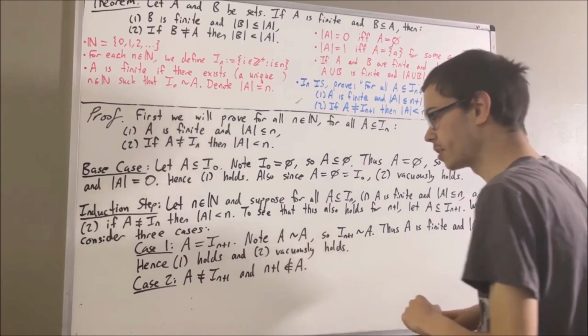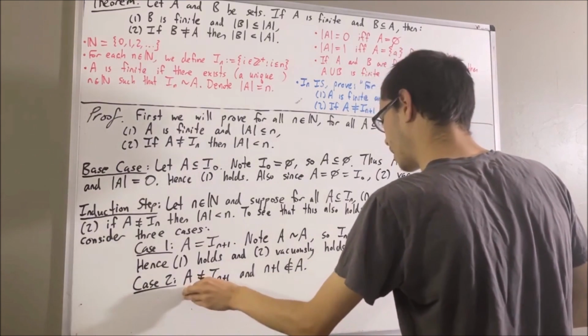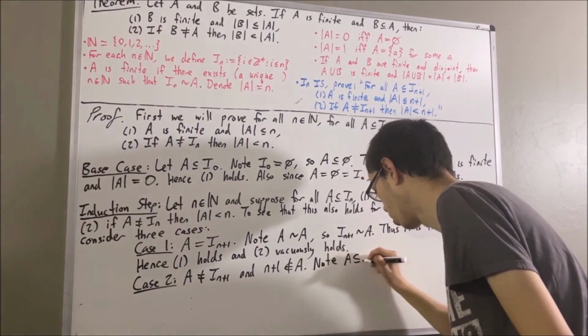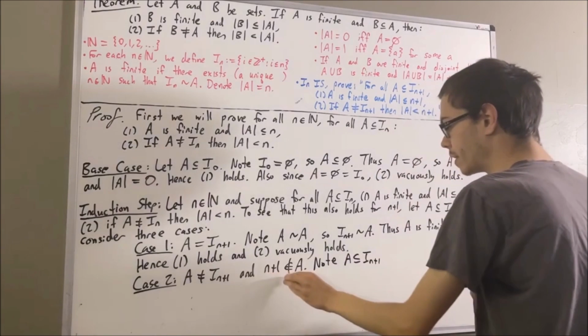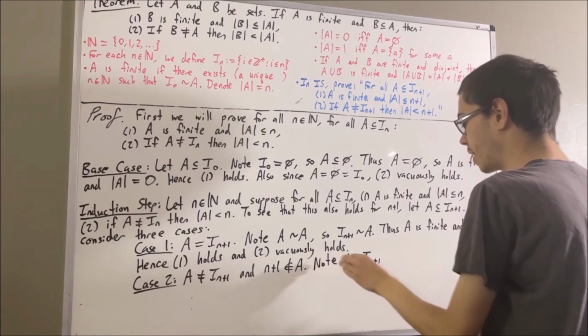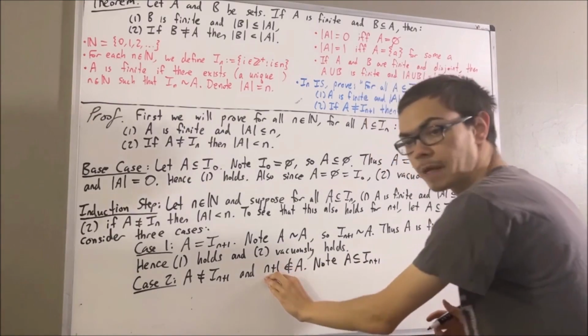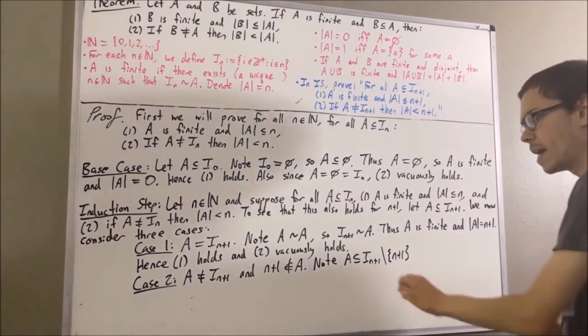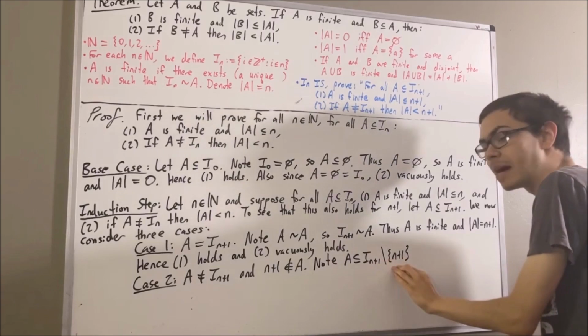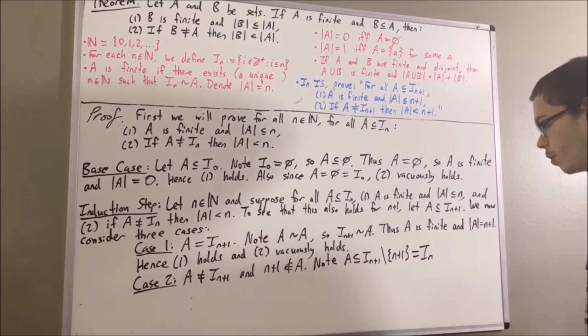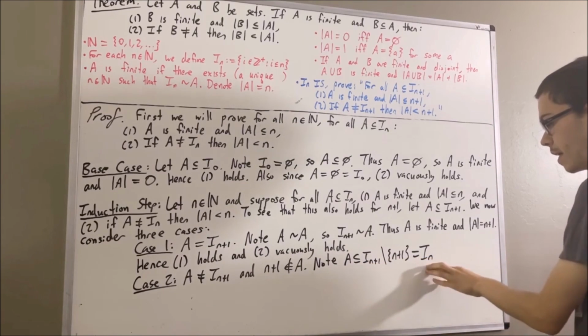The reason why is because we know that A is a subset of I(n+1). However, n plus 1 is not an element of A. So we also know that A is a subset of the set I(n+1) minus the singleton set of n plus 1. And I(n+1) minus n plus 1 is equal to I(n). So really, we say that A is a subset of I(n).